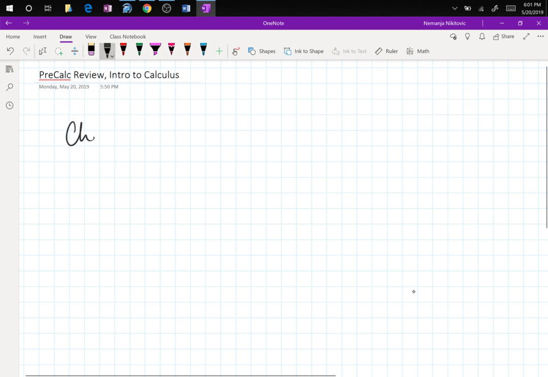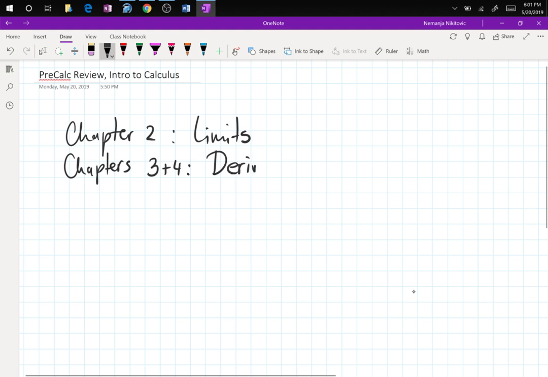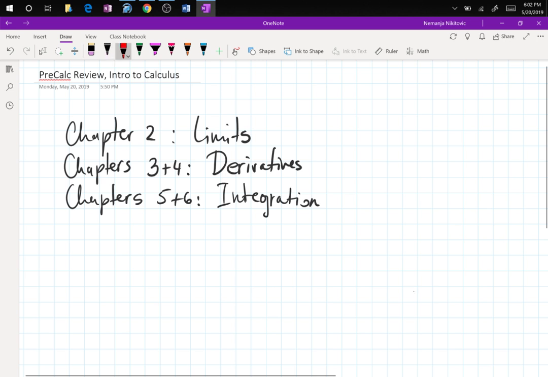So as an overview, chapter 2, limits, then chapters 3 and 4, we will take derivatives of functions, and then chapters 5 plus 6, most of chapter 6 is in Calc 2, but whatever two sections we have would be integration. All of these on functions.